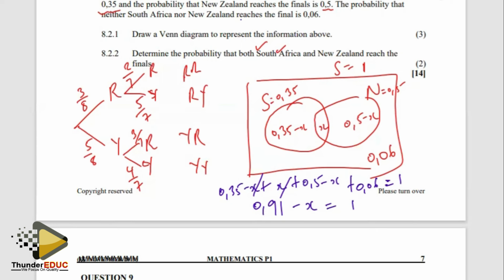Is the question fine? The probability that it reaches is that. The probability that neither is 0.06. That's what I'm getting, because now I'm going to end up with a negative answer, which will not make sense. That is 0.09, which is not going to make sense for probabilities. But with a question like that, this would have been the approach.